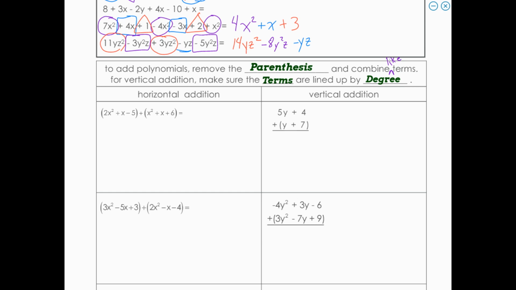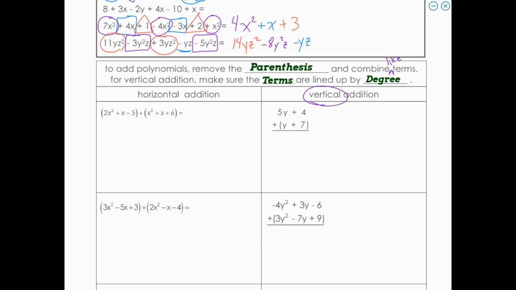But make sure that you line them up right, just like we did with the elimination method. That's how we lined them up for the elimination method. We put them in vertical form so that we could eliminate things.